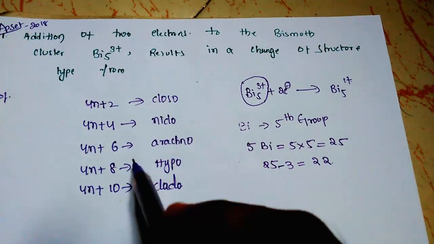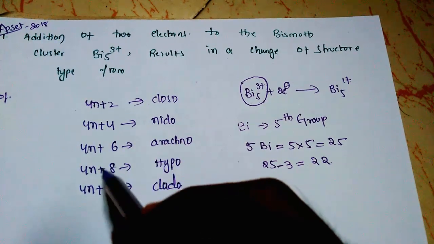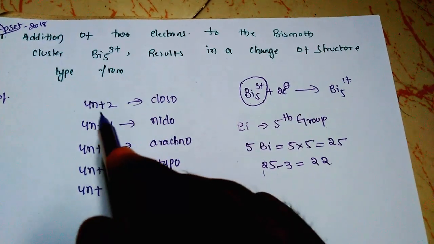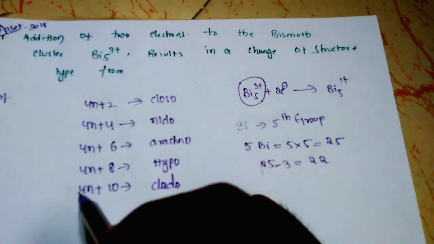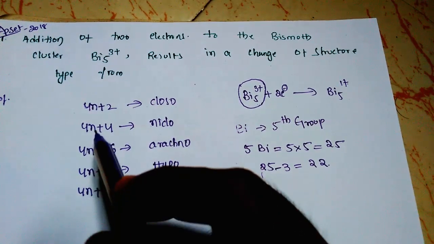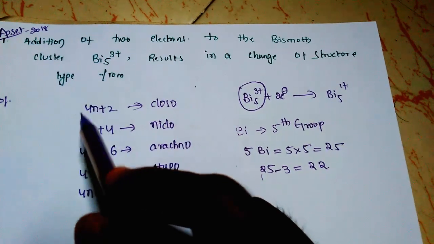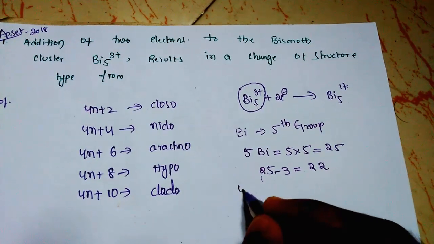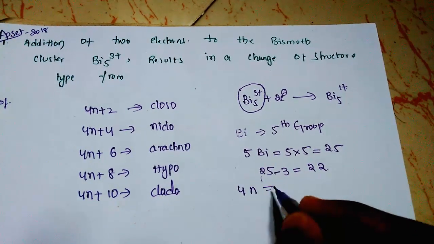If we calculate by this type of cluster classification, first, in all these cluster type structures, there is a common 4n. So we have to calculate 4 into n.